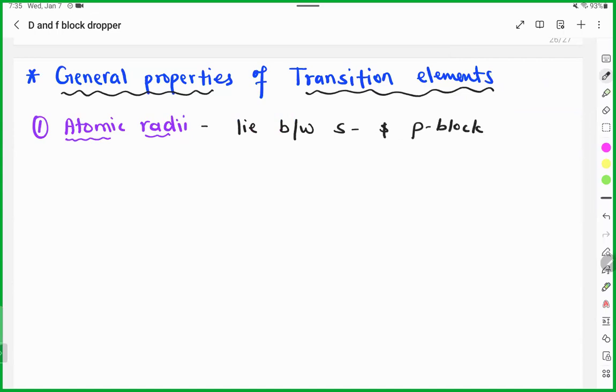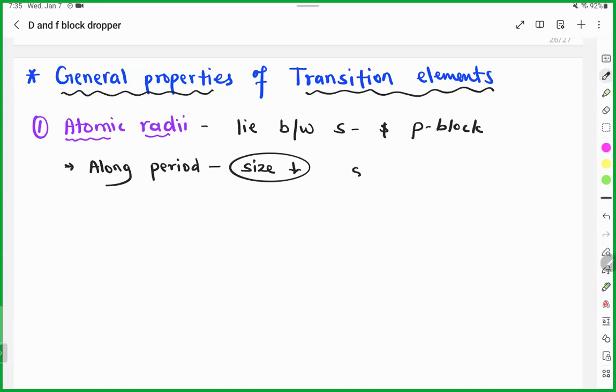It means it will be smaller than S and bigger than P, because what happened along the period, Samarth, in atomic radii? It should decrease, sir. Size decrease. Yeah. If size decrease, it means D block is smaller than S and bigger than P.